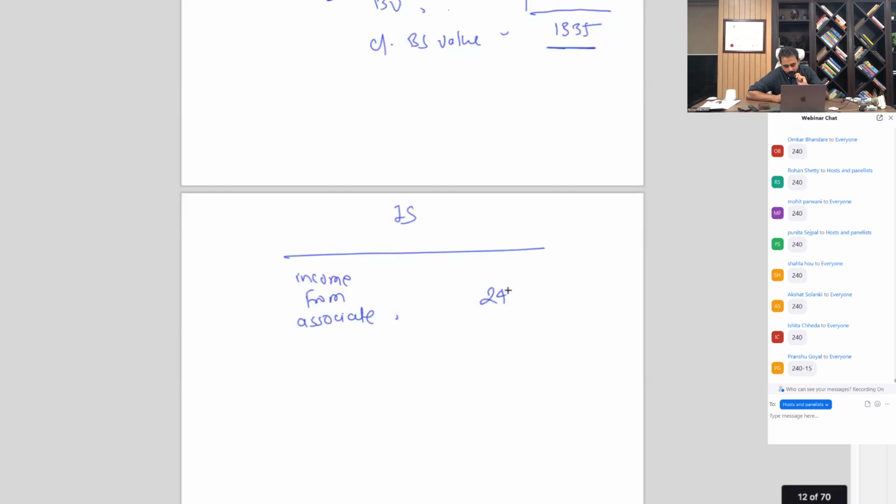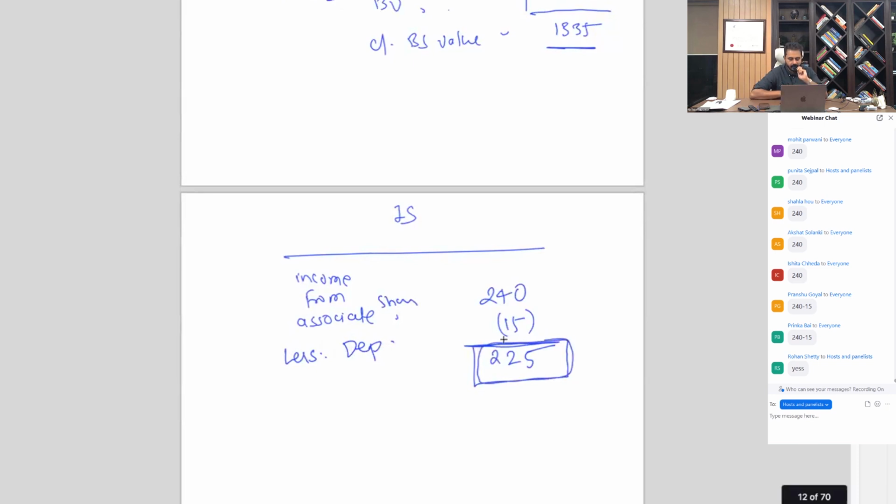I think it should be 240 minus 15, less the share of depreciation 15. So the amount of profit should be 225.